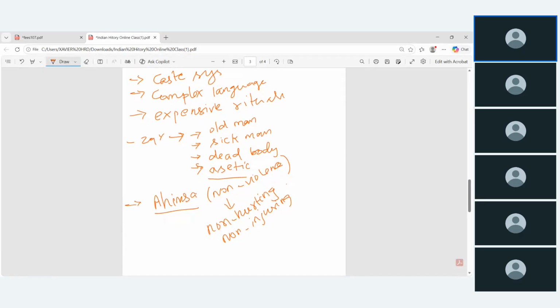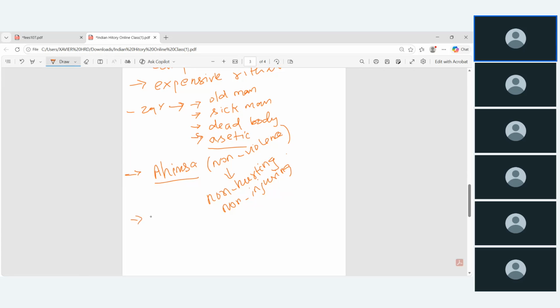Another one, he focused mainly on the inner discipline. And he founded the sangha. Sangha means a group of monks and nuns. In the beginning, only monks were there. Later nuns were also included in Buddhism.